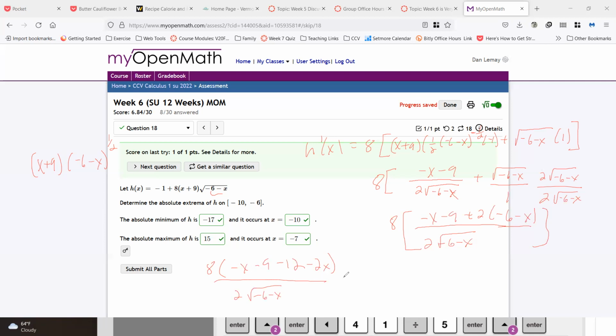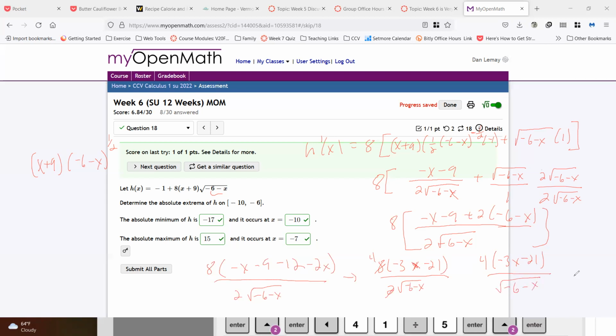And now combine like terms, I'm going to get 8 times negative 3x minus 21, all over 2 square roots of negative 6 minus x. Before I do too much here, I can just cancel out that 2 and that 8, make it 4. That's going to leave me 4 times negative 3x minus 21 all over the square root of negative 6 minus x.